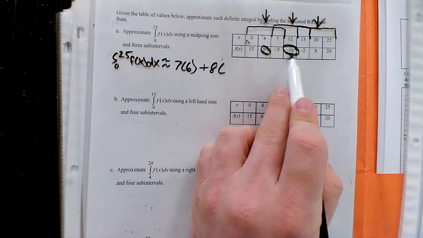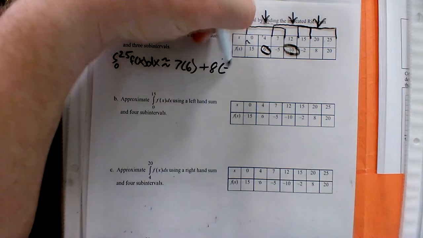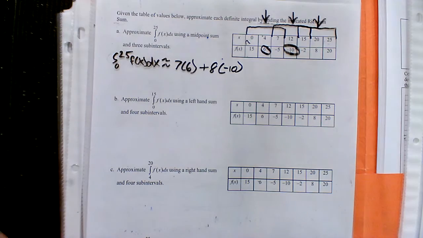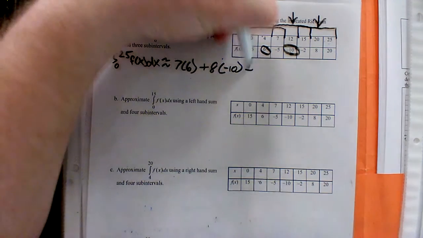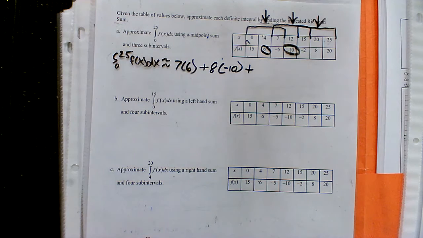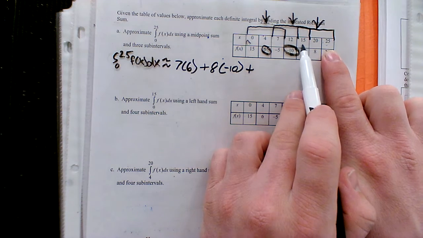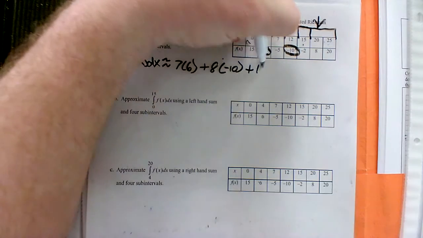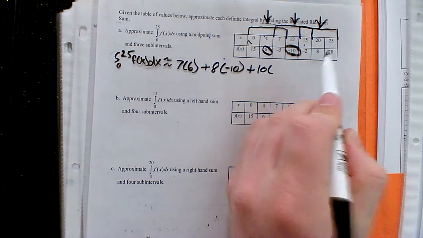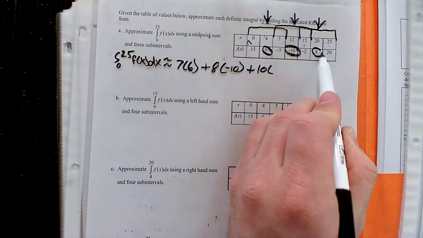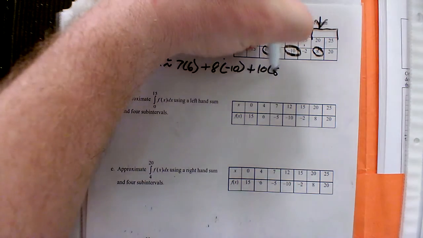They give us the table. So the midpoint is negative 10. And the last interval goes from 15 to 25. So the distance from 15 to 25, we know that's a 10. And again, if you look at the midpoint, you get a value of 8.